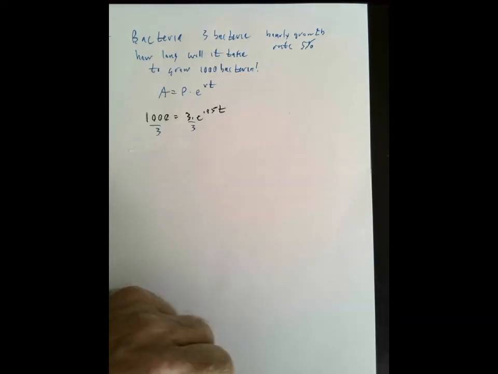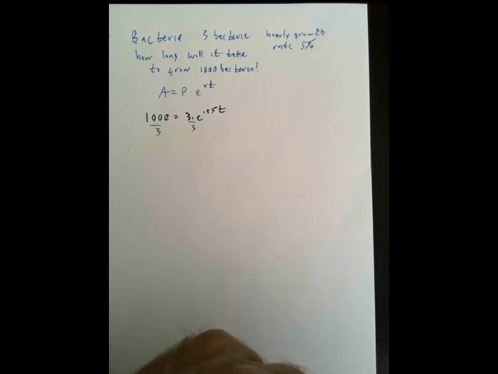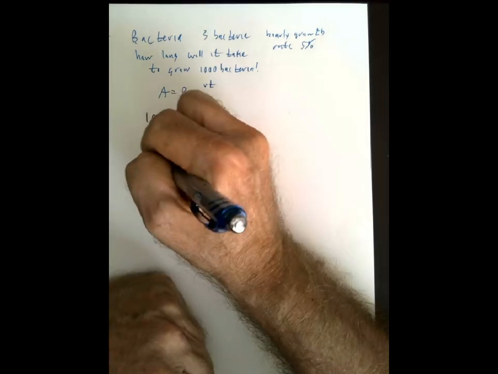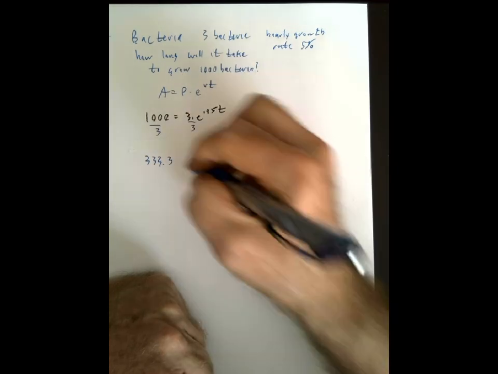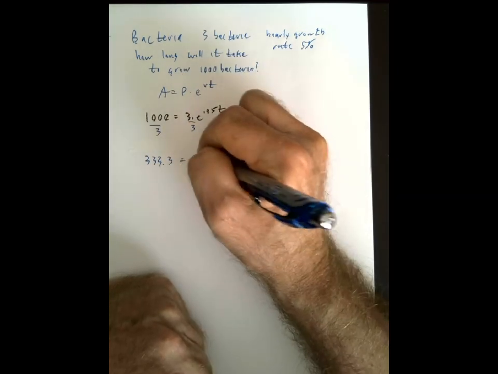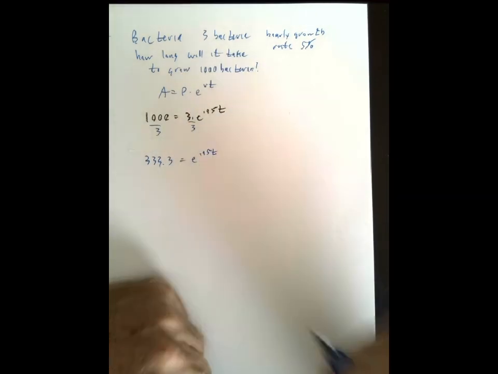So that's going to be 1,000 divided by 3, which is about 333.3 rounded off, because actually it repeats. So that's e to the 0.05t, right?